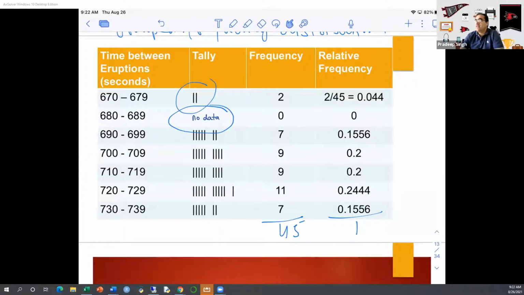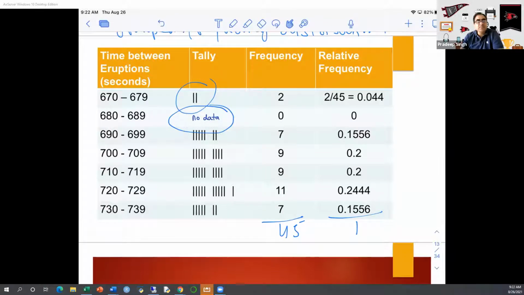There are 2 values in that first class, and an empty class between 680 to 689 means that there is no data value in the 680s. There are 7 values in the 690s, 9 values in the 700s, 9 values in the 710s, 11 values in the 720s, 7 values in the 730s.